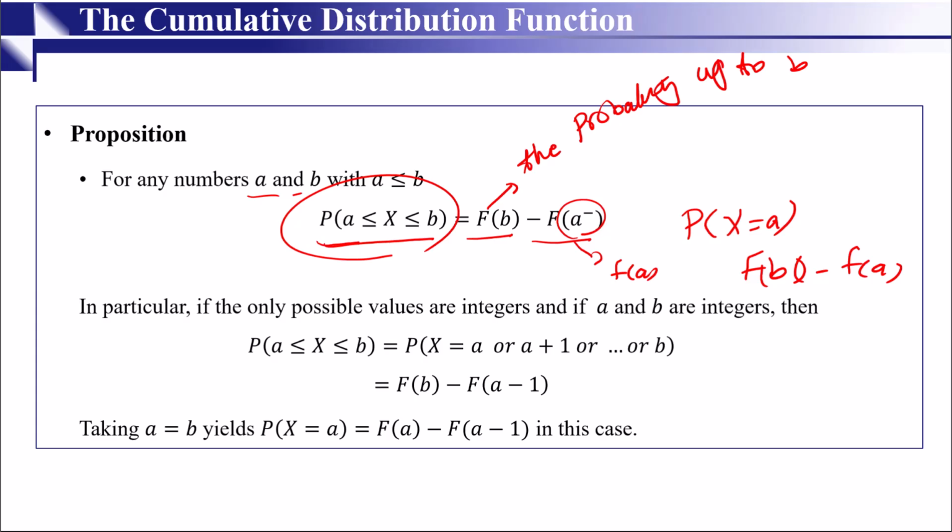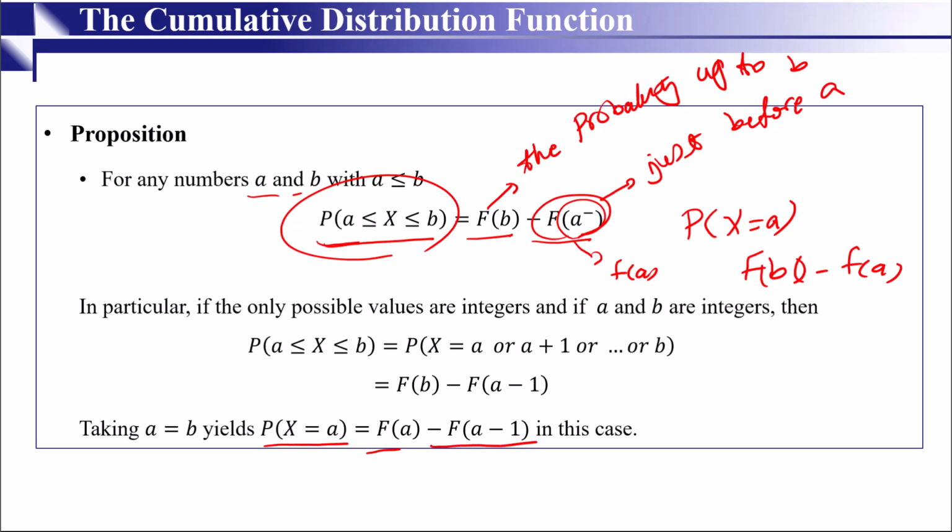And this one is just before a, just before a, means a is not included. So if x only takes integers and a and b are integers, it becomes probability of x equal to a is equal to probability of Fa minus Fa minus 1.